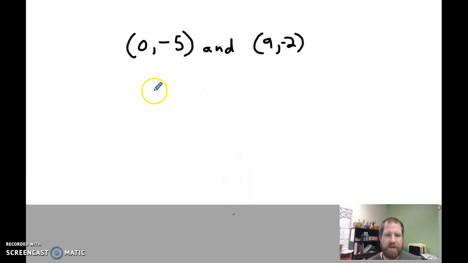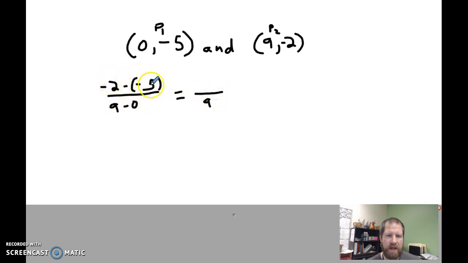Let's look at another one. We'll go through a little bit faster. So my slope formula, that's where I'm going to start. I'm going to go ahead and make this point 1 and this point 2. So I've got my negative 2 minus a negative 5 over 9 minus 0. 9 minus 0 is 9.